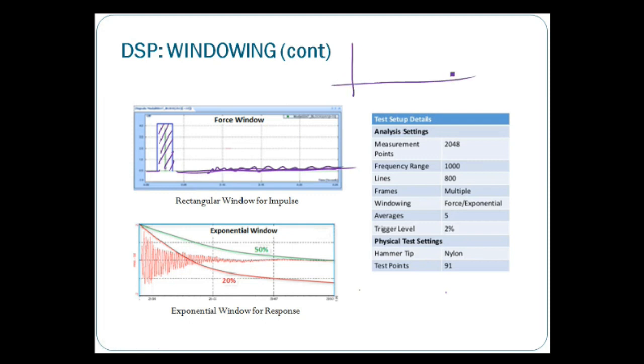You end up with a very clean 0, then 1 for the force, then 0 over time. With the exponential window, if you suppress the signal to end at 0, you can ensure it starts and ends at 0, because the exponential window is 0 at the end. So you can ensure the tail of that signal is 0, so you don't have leakage on these particular transient signals.